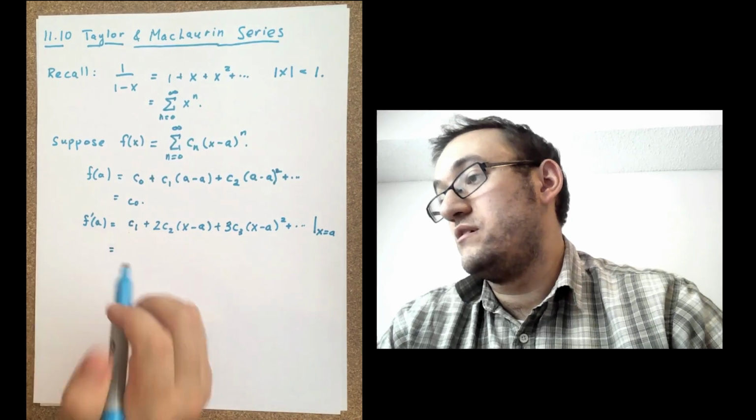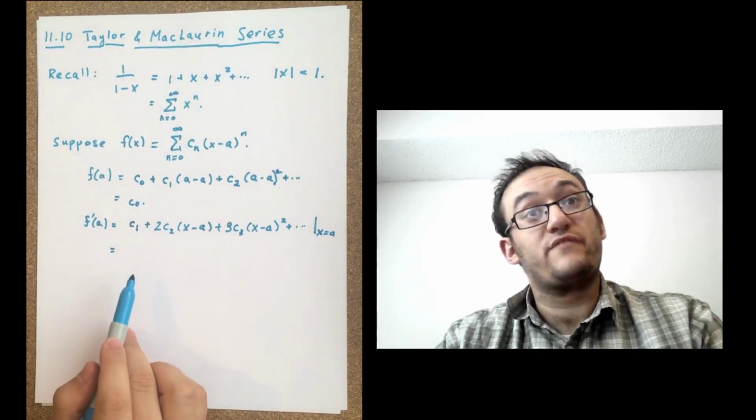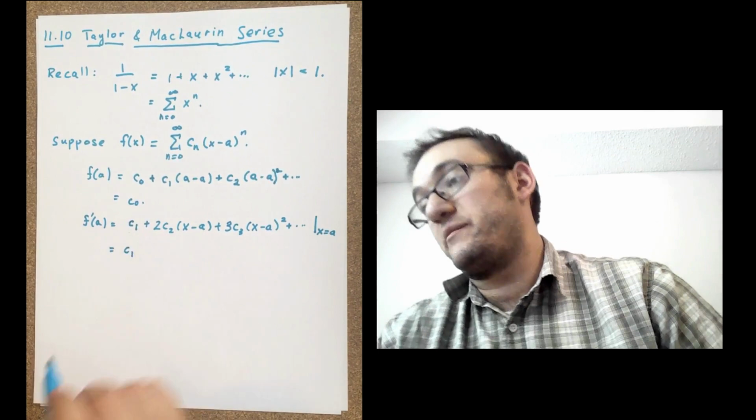Okay, so clearly everything that has a factor of x minus a vanishes, so we're left with c sub 1.